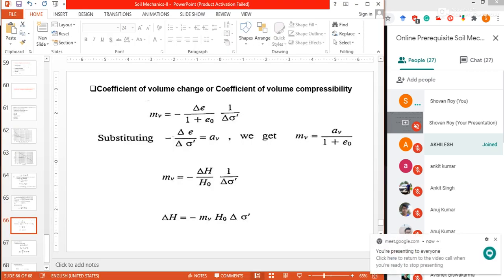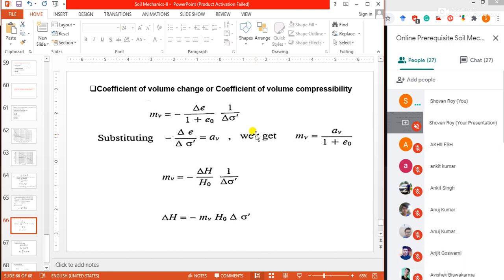You can see in this slide, the coefficient of volume change or coefficient of volume compressibility is defined as the change in volume of soil per unit of initial volume due to a given unit increase in pressure.